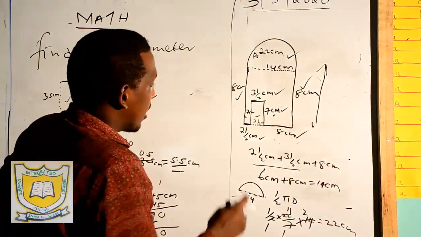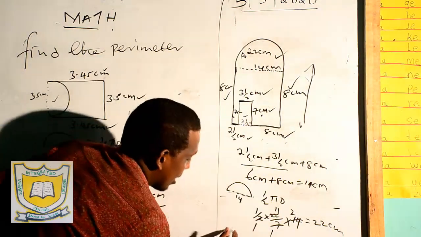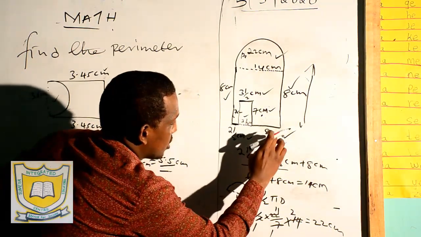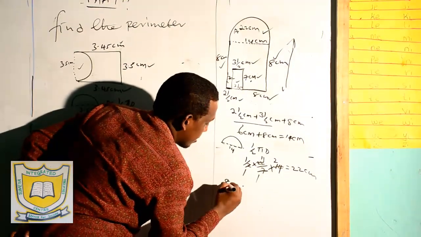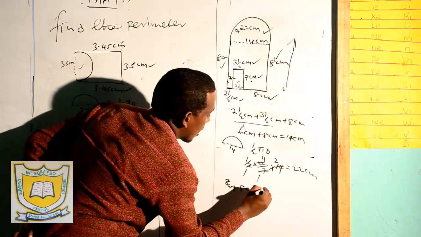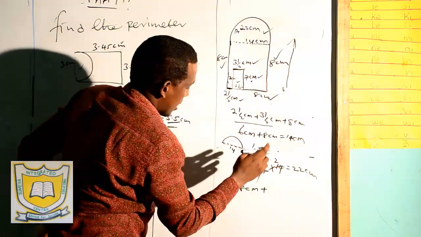So we add now. Let us add now 2.5. So we start with this one. Let's add 8. 8 plus another 8 centimeter plus 8 centimeter.